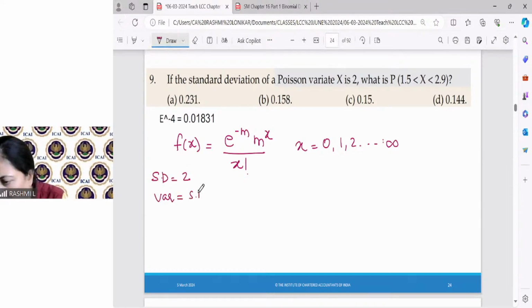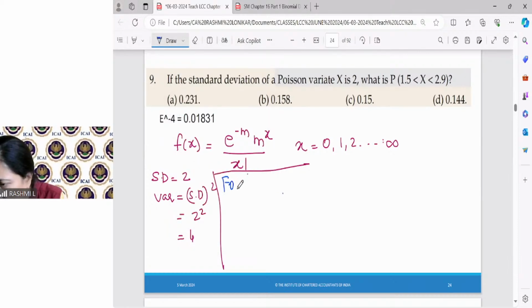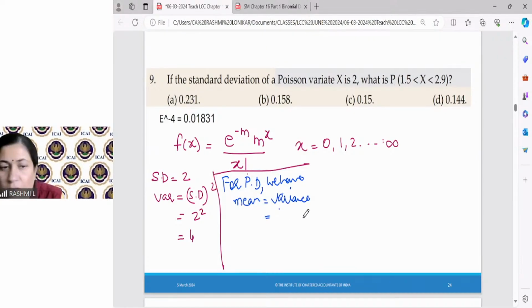Variance is standard deviation squared. And what is it? 2 squared, which is equal to 4. For the Poisson distribution, we have mean equal to variance, which is equal to 4. Okay.